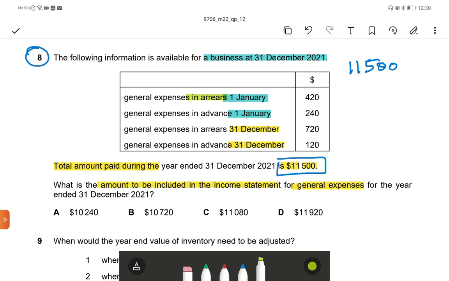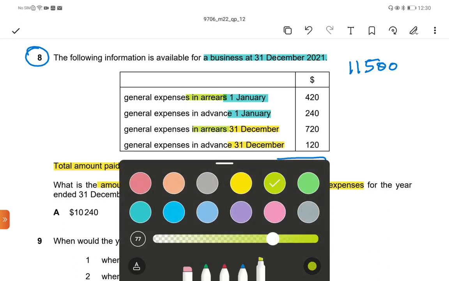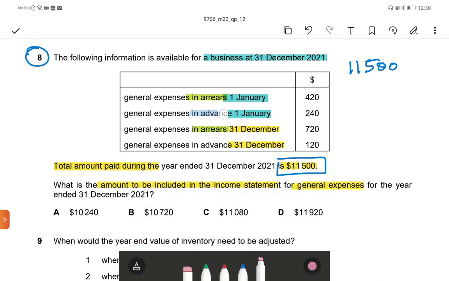General expense in arrears on 1st January, opening accrued, and closing accrued they are given. Then they are given opening advance and closing advance.